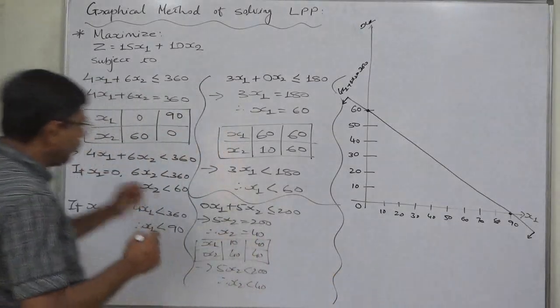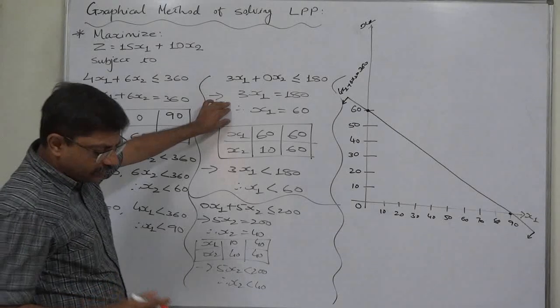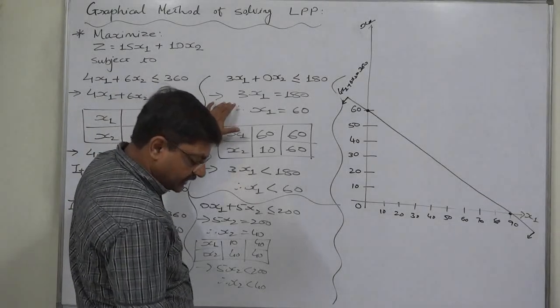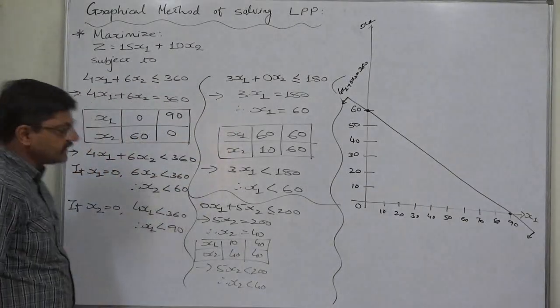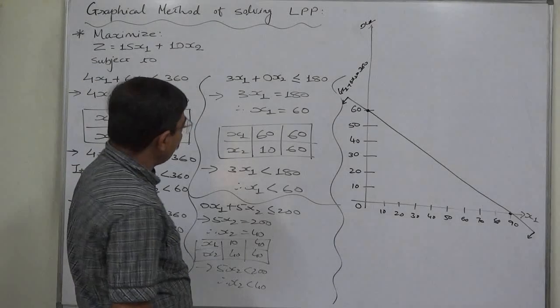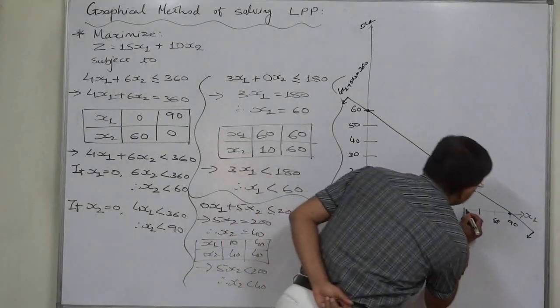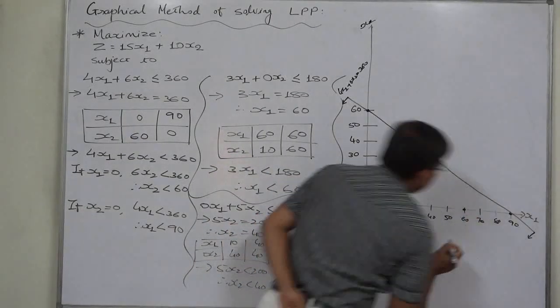Is it? Okay, now in this case, for any value of x2, x1 is going to take value 60. That means x1 remains 60 for any possible value of x2. x1 equals 60 is here. Now what?